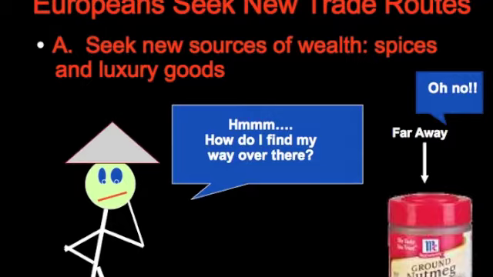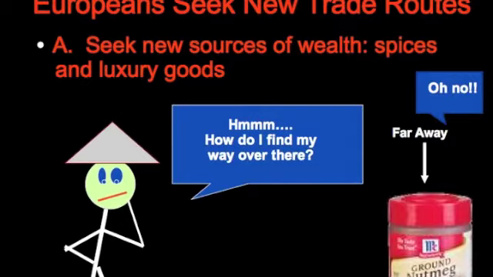Now, they could do this by competing with the Italian city-states, or they could do it by finding new trade routes altogether. And since technology was improving, maybe there were ways they could find trade routes by sea over oceans instead of just by land or instead of just in the Mediterranean.